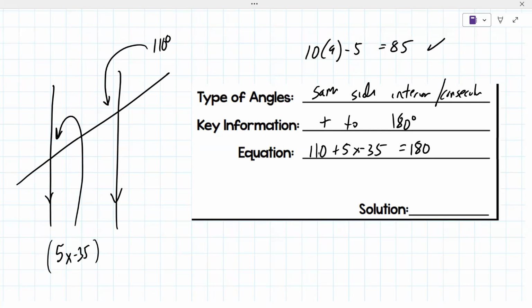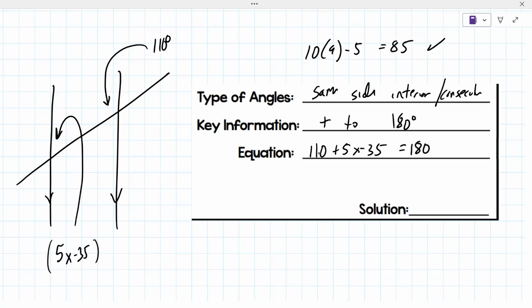The two angles added together equal 180. X equals 21.